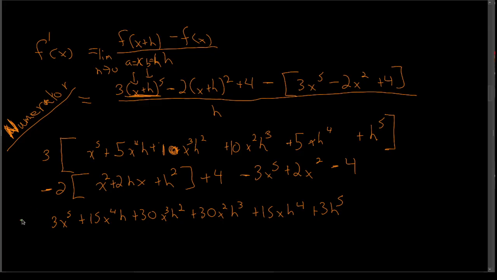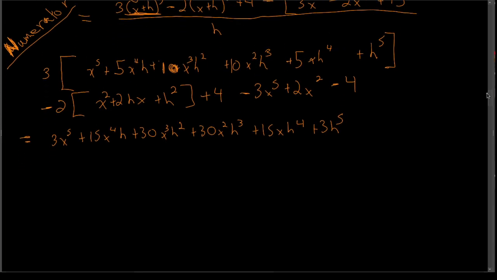Again, I'm just going to keep working on the numerator as I scroll through. Now I'm going to take the negative 2 through everything here. So negative 2x squared minus 4.